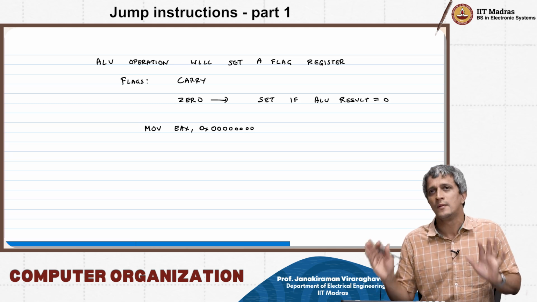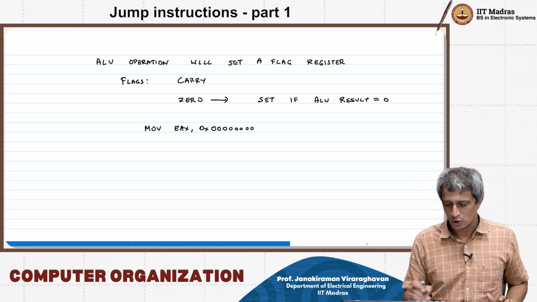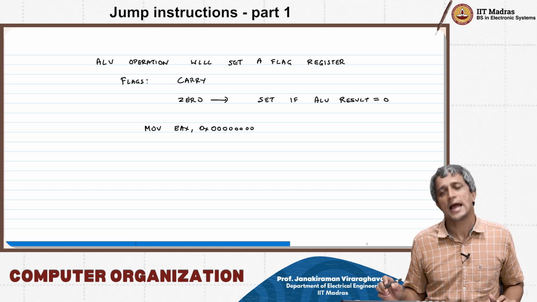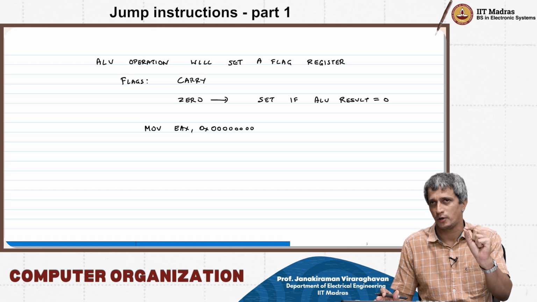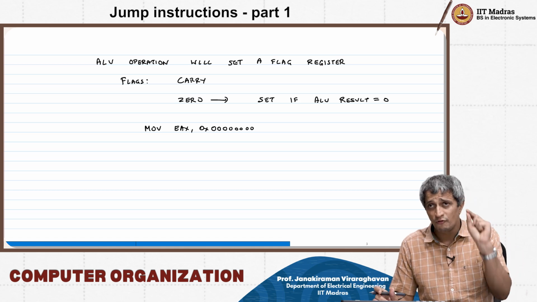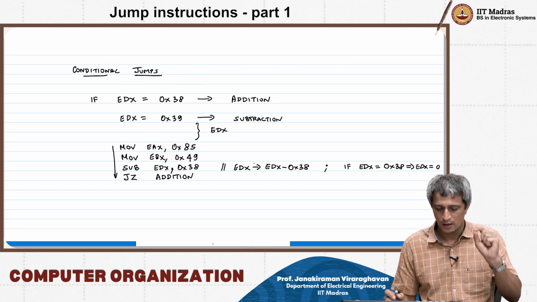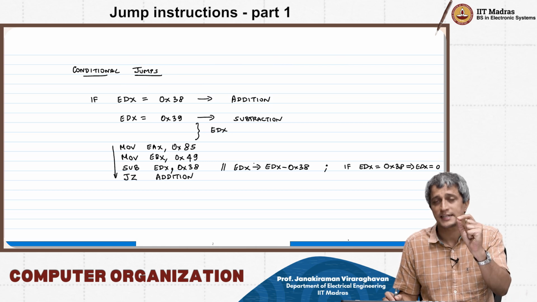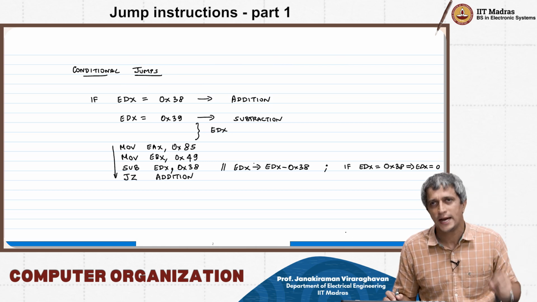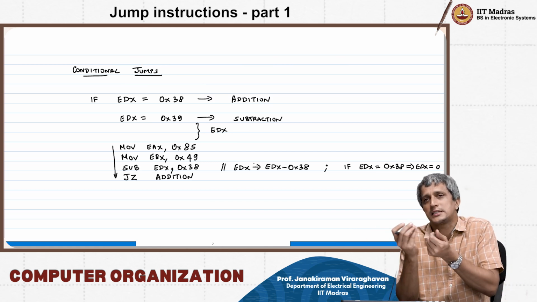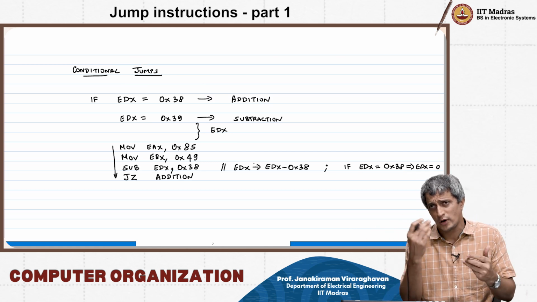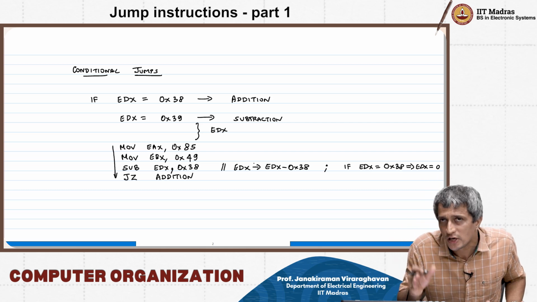This is how it is in x86. Okay, so anyway, so the 0 flag can be set and will be set after every ALU operation, right? So when you do, in this case, when you do subtract EDX, 0x38, it is going to perform the subtraction, and if EDX had 0x38, you subtract, you get 0, the 0 flag will get set.